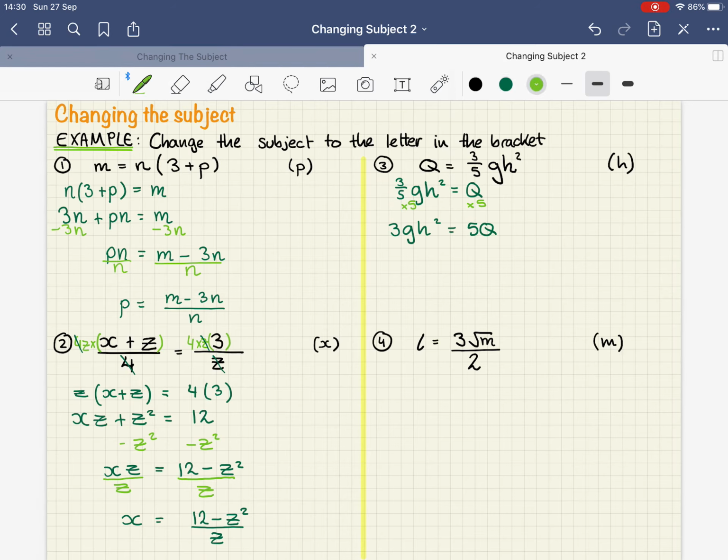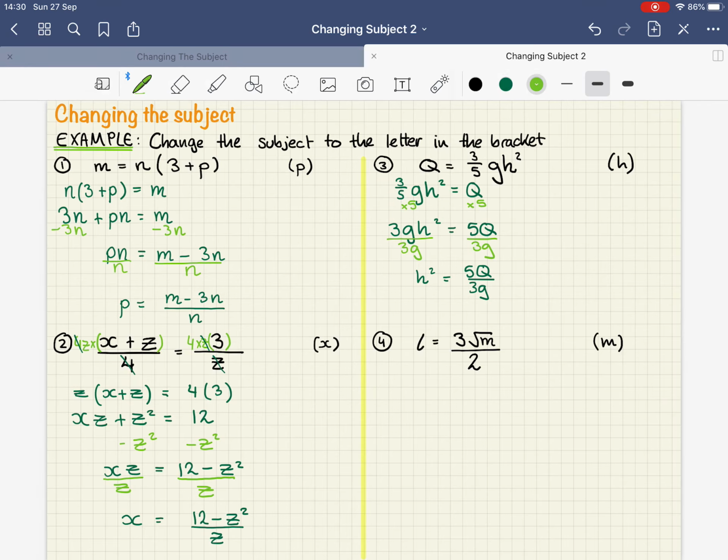Then I want to get rid of that 3g. And remember, this whole thing is all being multiplied with that h squared. So when I divide it, I divide them both away at the same time. And so I now have h squared equals 5q over 3g.